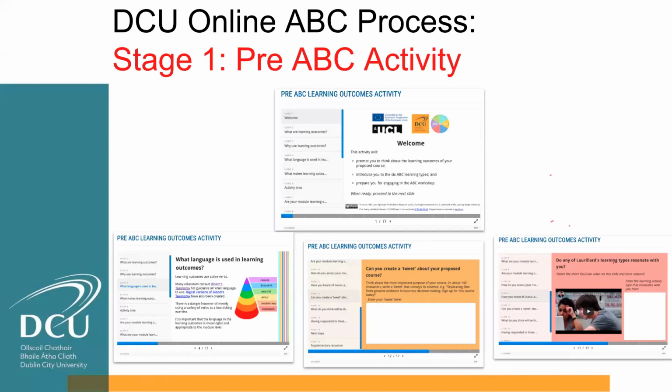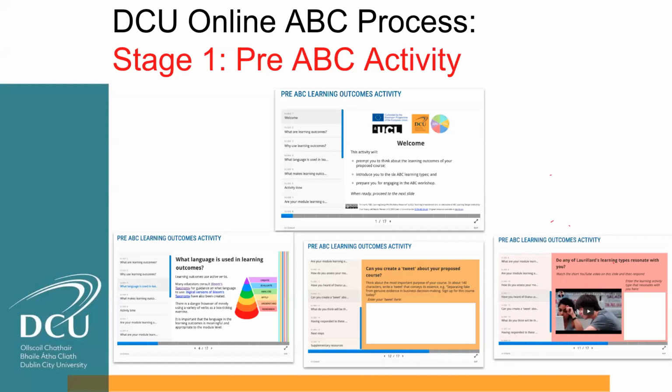One of the very first things we ask them to do is to ask their team to engage with a pre-ABC activity in advance of the workshop. This asynchronous resource, and you can see a number of screenshots from it on the slide, includes a set of guidance and questions to help staff think through potential learning outcomes and other aspects in preparation for the ABC workshop itself.